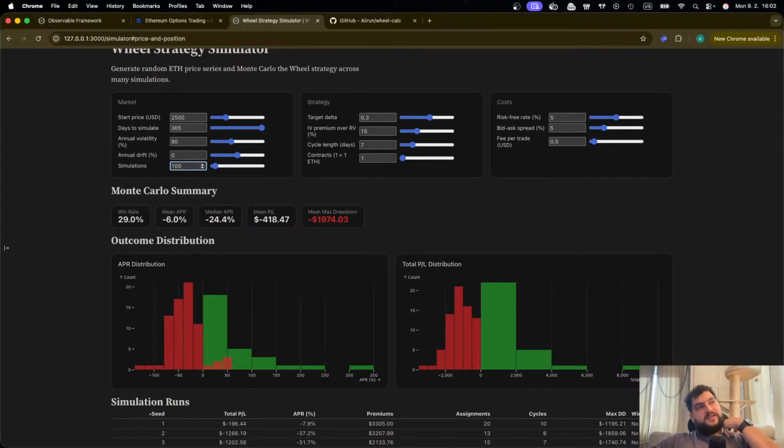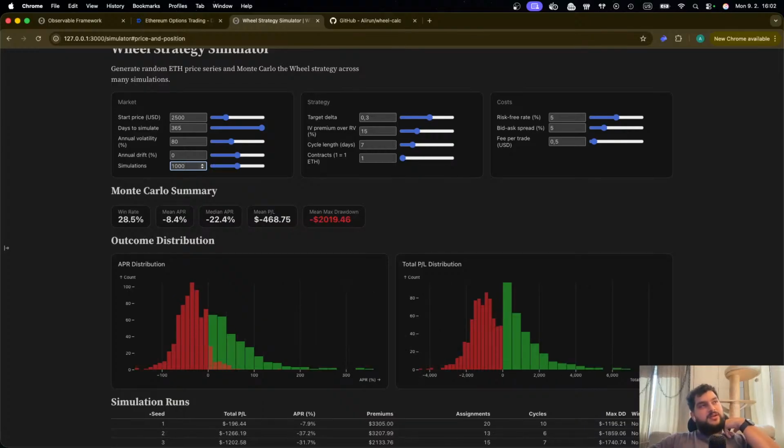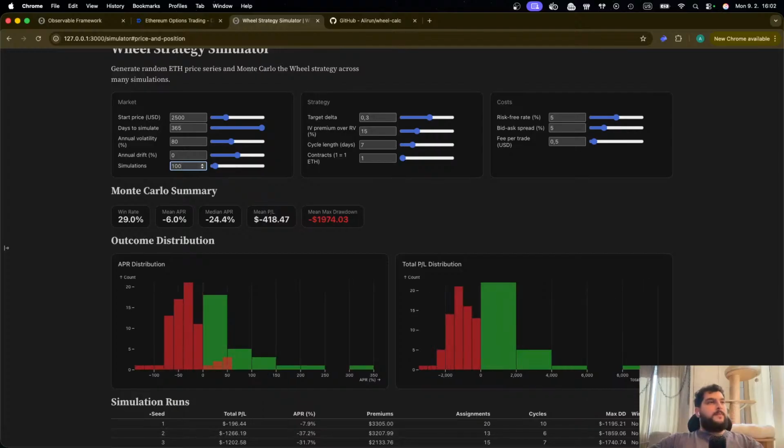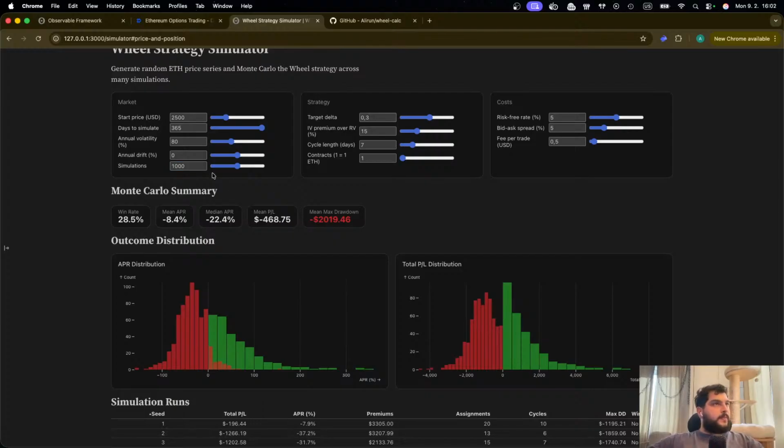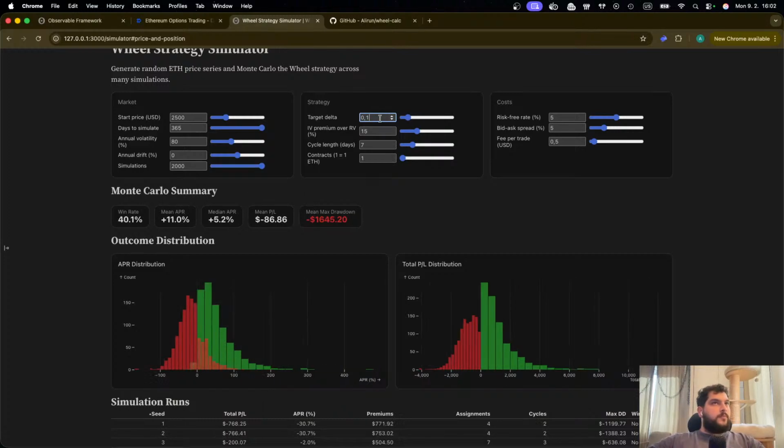So you see it makes the win rate just a little bit more accurate. Yeah, so now it makes more sense. As you can see, what's the problem here?